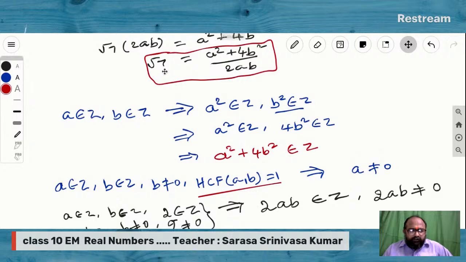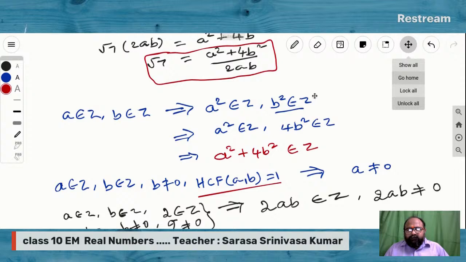Now we proved that a square plus 4b square by 2ab, that is the right hand side term, is a rational number. When the right hand side term is a rational number, we can conclude that the left hand side term square root of 7 is also a rational number.